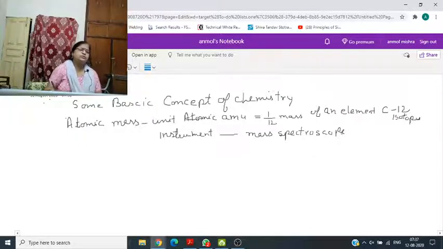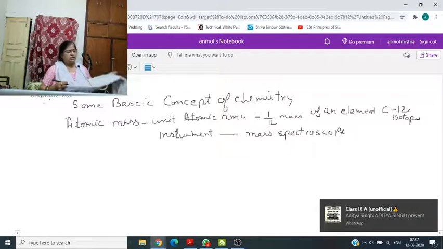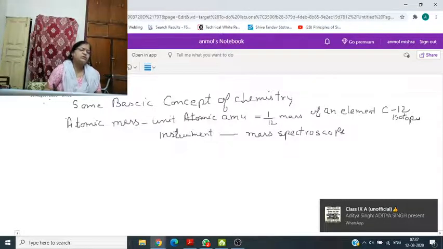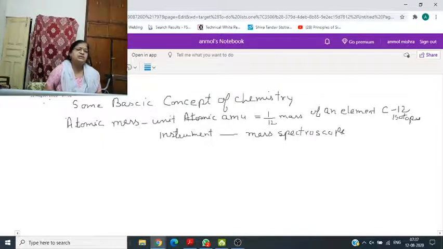Now the atomic mass is always a fractional value because some of the elements exist in nature as different isotopes and in different ratios.